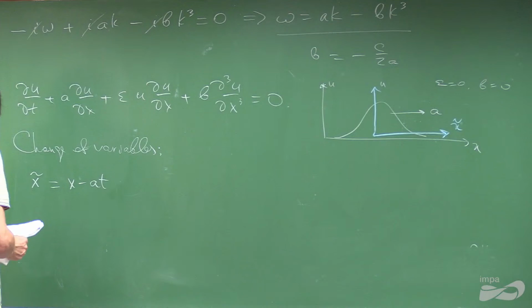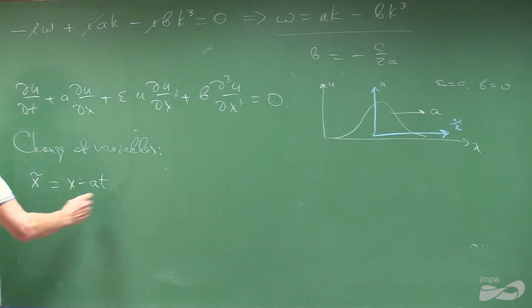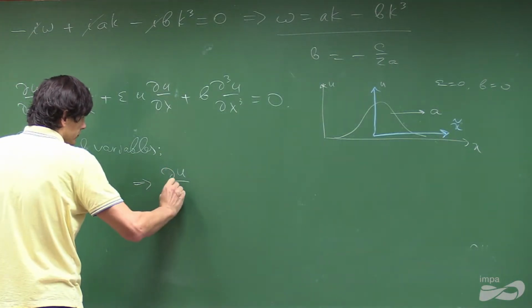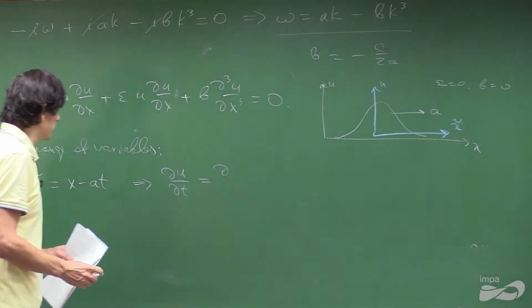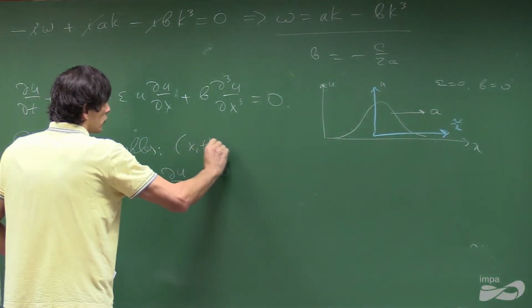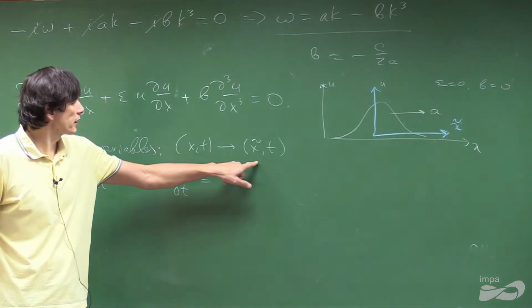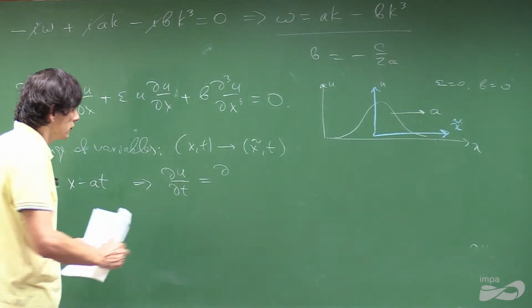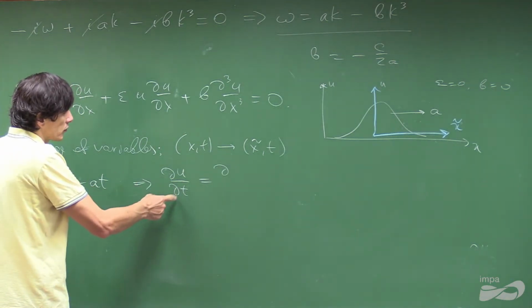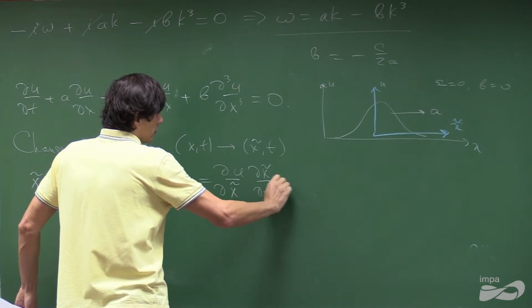So what will change? du/dt will now be, you see, we go from variables x, t to variables x tilde, t.